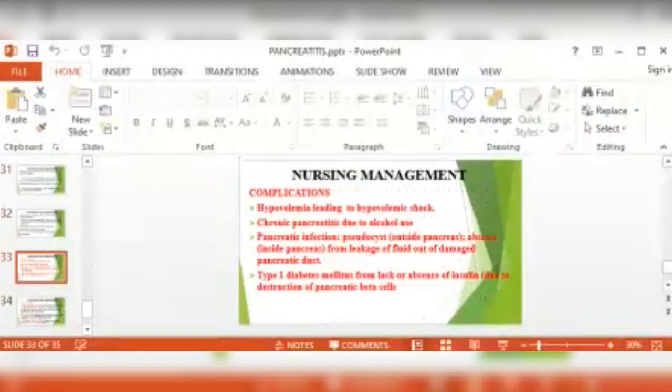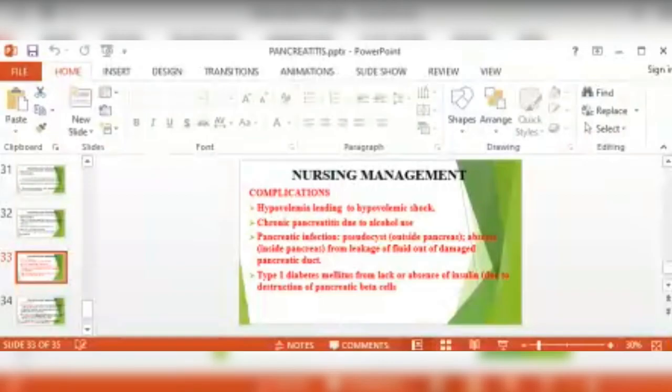Sometimes it can lead to a surgical complication, which is pancreatic pseudocyst. Once it has gotten to pseudocyst, the patient has to go for surgery, laparotomy with cystostomy.